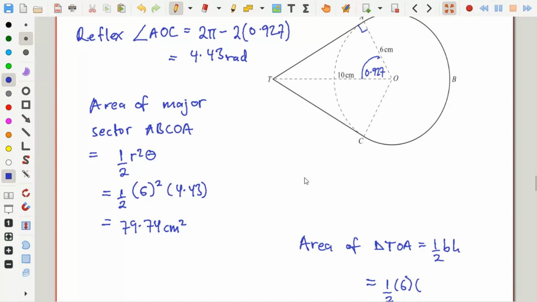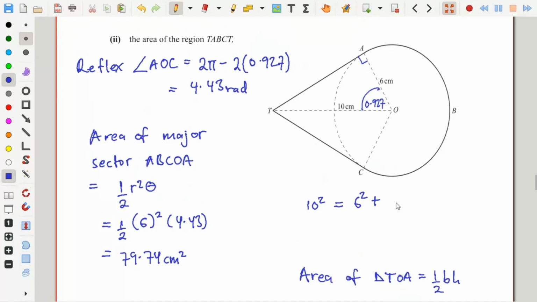So you can say 10 squared, the hypotenuse squared, is equal to the adjacent squared plus the opposite squared. And the opposite is what we are looking for, that's TA. So if I'm making TA the subject, I have to find the square root of this.